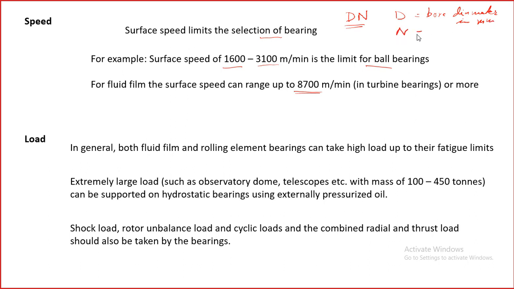And n is the speed in RPM. So dn is in the range of 5 into 10 to the power 5 to 10 into 10 to the power 5.